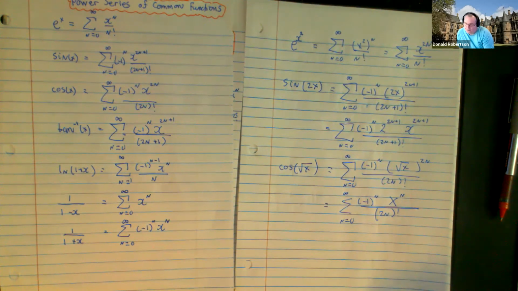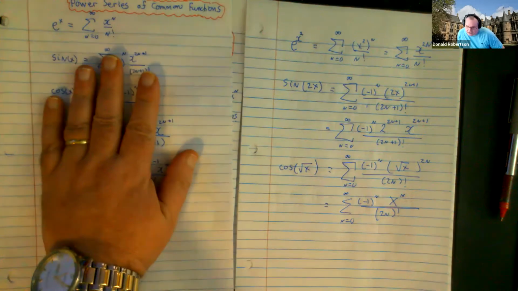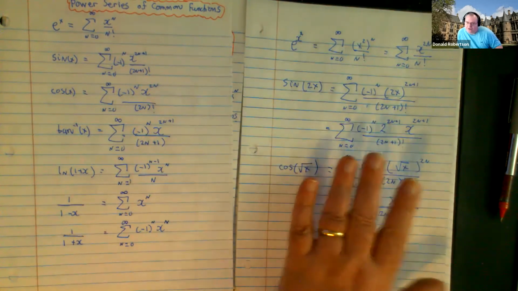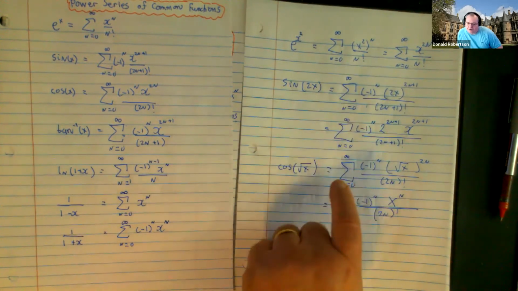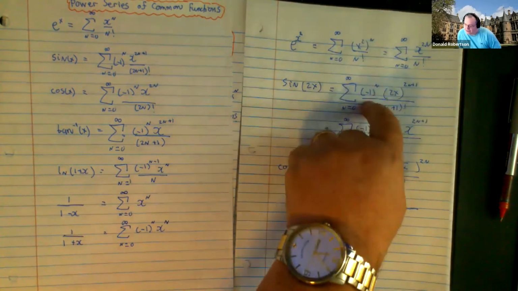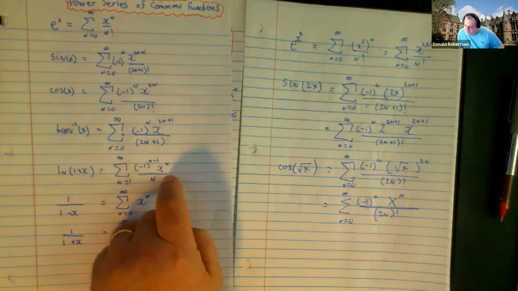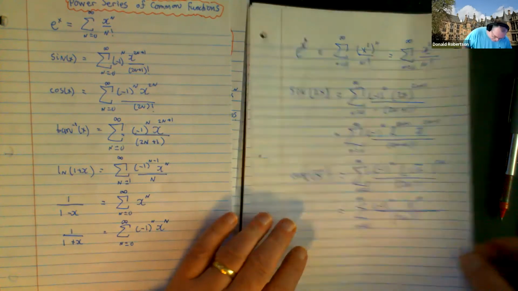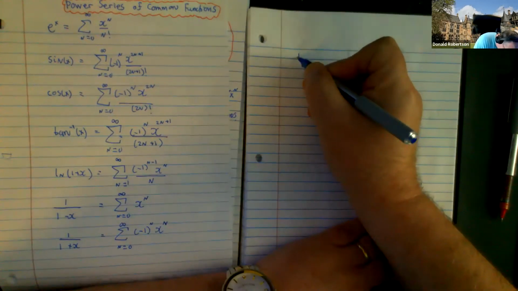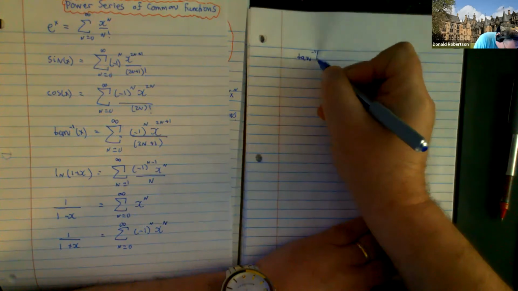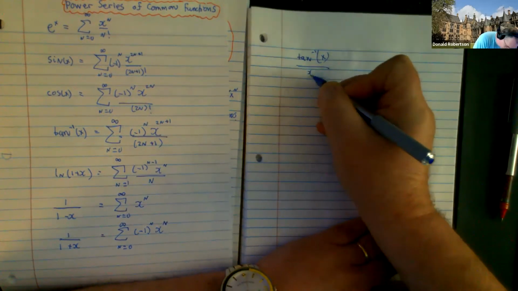Any questions so far? If you know these guys, with a suitable choice of substitution, can't you also get power series for combinations or variations on these functions? So how about this as an example? I want to find a power series for the inverse tan of x over x.